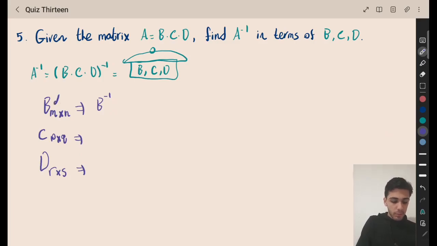So B is a map that takes M as input and outputs N. Now, what should the inverse map do? Of course, it outputs an m-dimensional vector, and it inputs an n-dimensional vector. It's the dual of the original map. So everything is reversed.